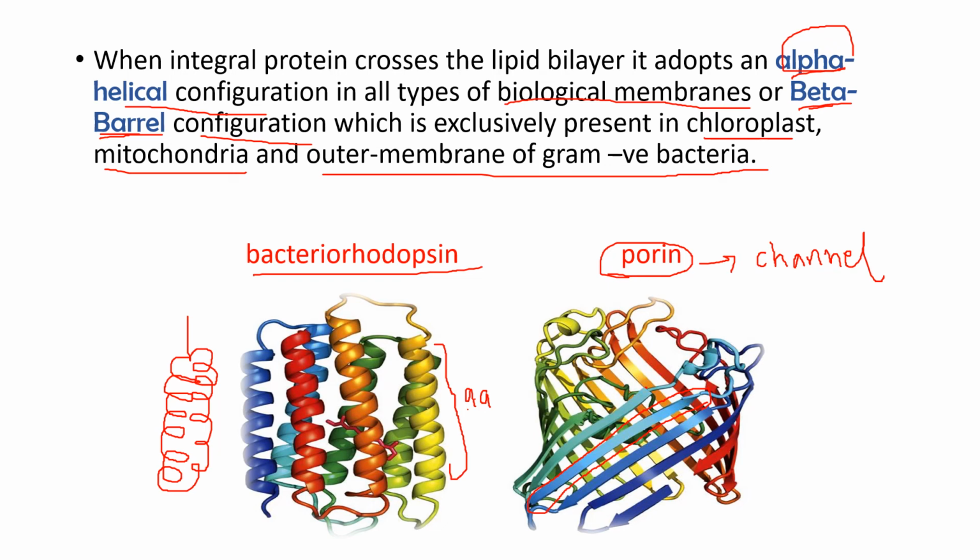The beta sheets have alternate non-polar and polar amino acids.